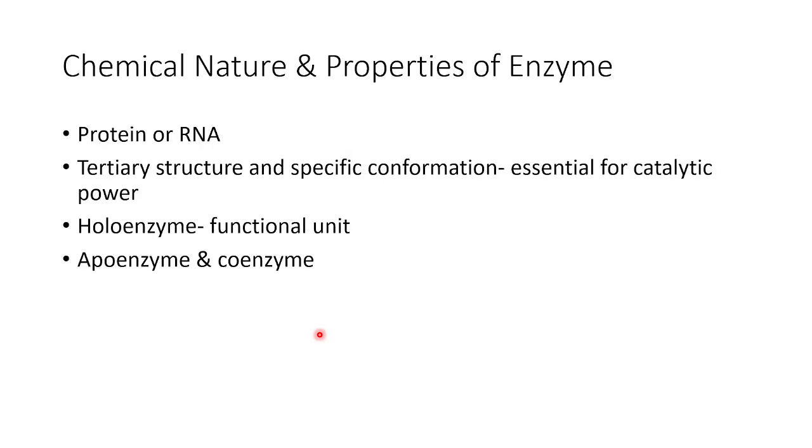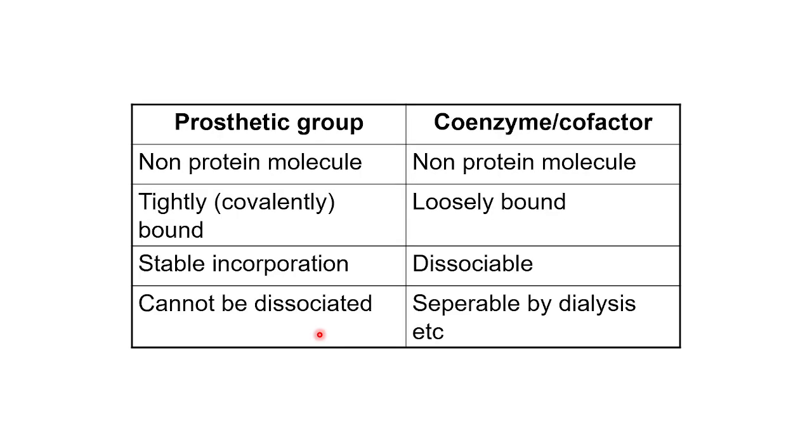Now, the chemical nature and properties of enzymes: it can be protein or RNA. The tertiary structure and specific conformation is essential for the catalytic power of an enzyme. A holoenzyme should be a functional unit, which is a combination of the apoenzyme and the coenzyme.